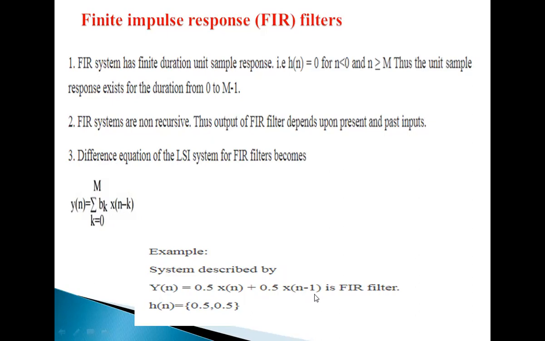If I take its impulse response, we get 0.5 and 0.5. As the output y of n depends only on the present value and the past value, this system is called a non-recursive system.